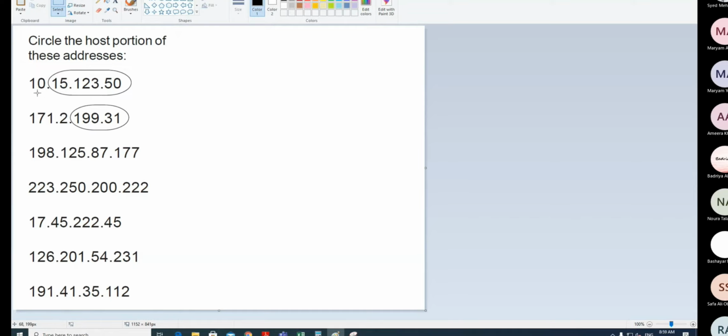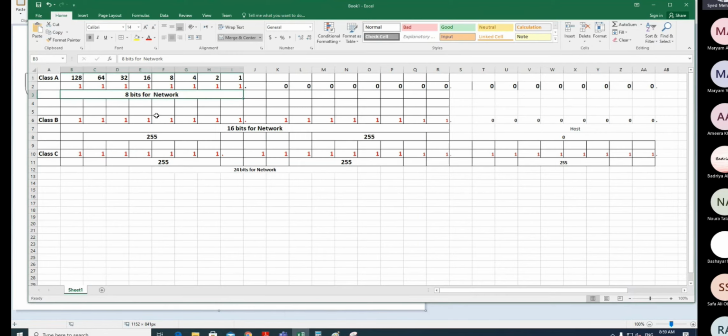A. Okay. If it is class A, it means only this first octet will be the network and the rest of the portion is for the host. Class A: only this is your network portion, and the rest of the bits are for the host, meaning 24 bits for the host.